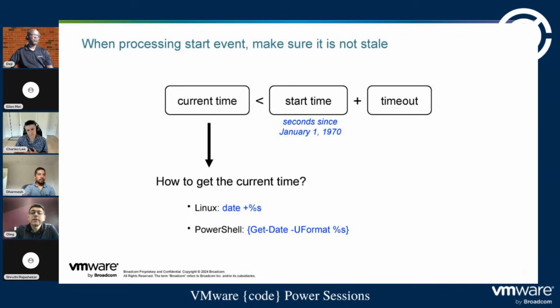Timeout is also in seconds. But how do you get the current time? Well, that depends on what you write your script in and where it runs. Here on the slide, there are examples on how to do it in Linux, how to do it in PowerShell, and if you need to do it in something else, you can just ask ChatGPT, and it would help you with the right syntax.